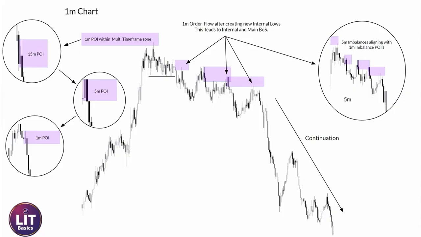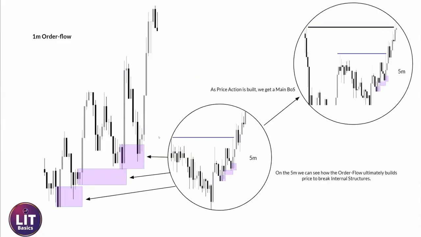Okay, so next we've got here. You can see this is M1 again. You can see clean push, pullback, push, pullback, push, pullback. These are our mitigations. This is what it looks like on M5. You can also see that we're trading towards a quote unquote main BOS, but this is more likely a liquidity point that we're trading towards.